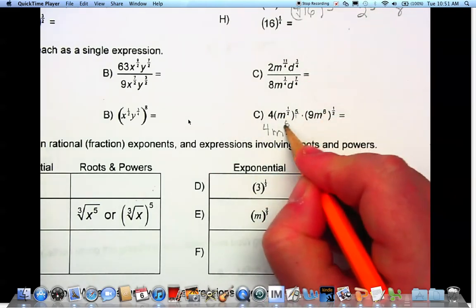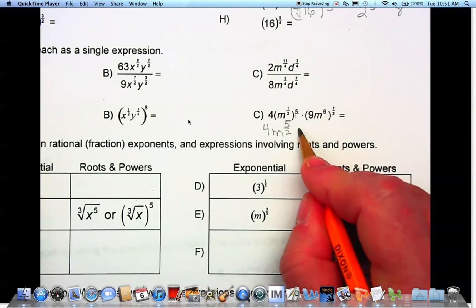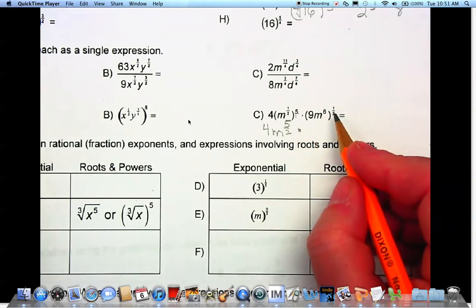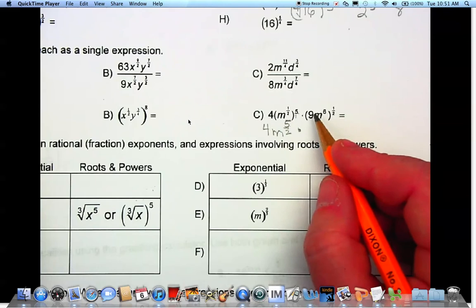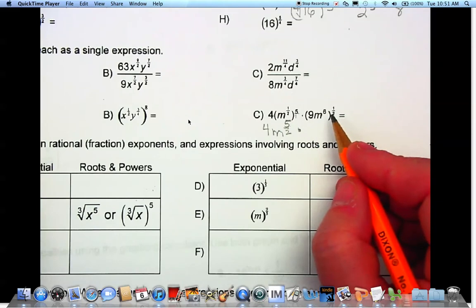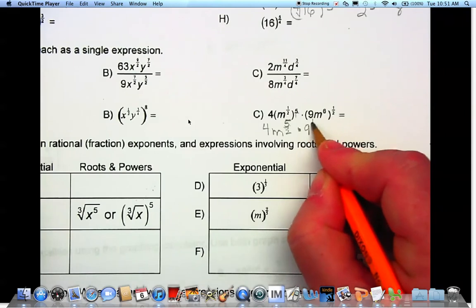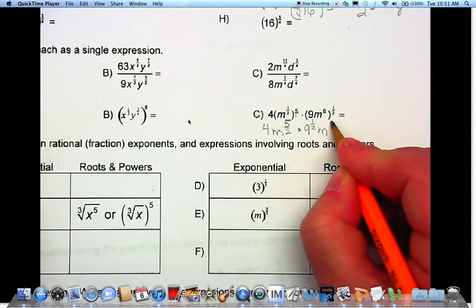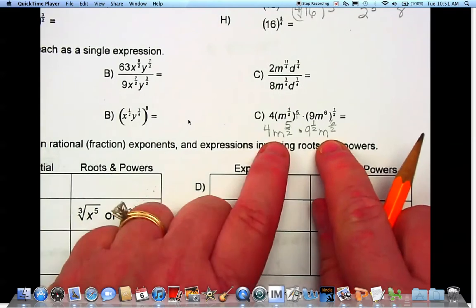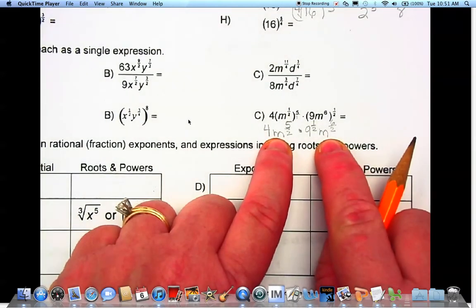You're getting there. Okay. Times. Now this 1/2 is going to go to the 9 and the m to the 6 because the 9 is in the parentheses. So we have 9 to the 1/2, m to the, let's leave it as 6 halves because we're going to combine it with this other m.